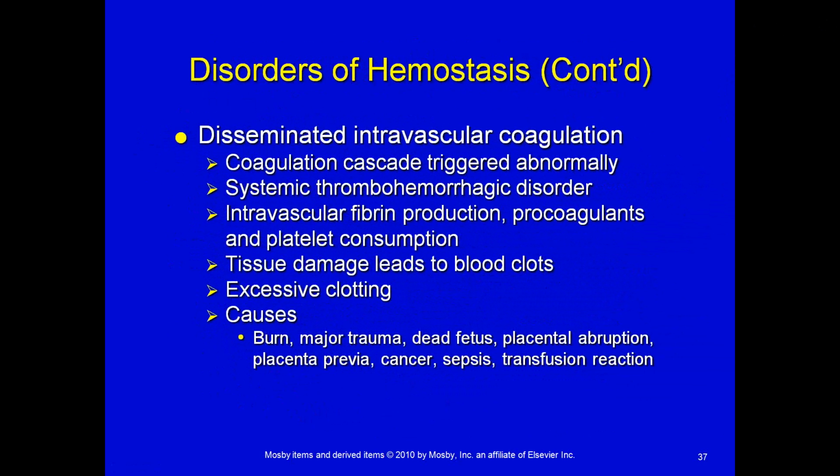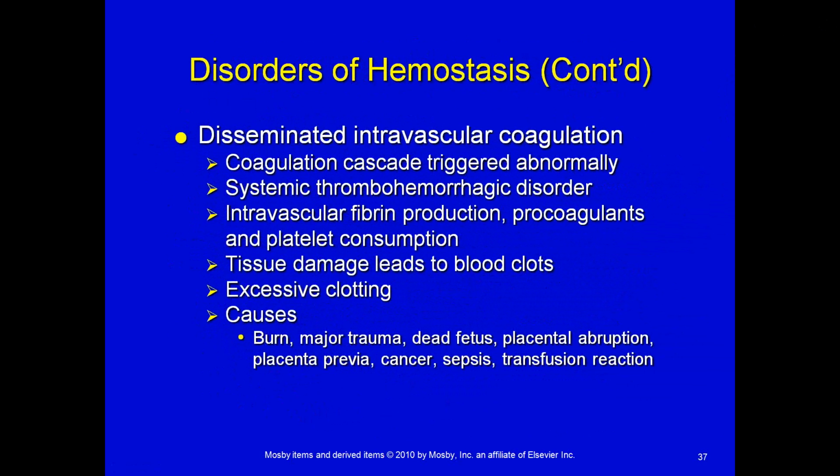The excessive clotting utilizes all your platelets, so you end up with actually uncontrollable hemorrhage as a result of DIC, because DIC is the abnormal coagulation cascade, an abnormal amount and use of your platelets.